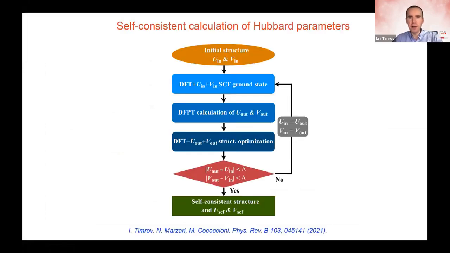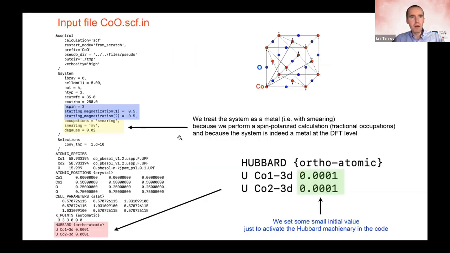This is from my lecture of this morning, so I don't want to repeat it again. This is just a reminder about the self-consistency cycle, how we compute U and V, and we'll try to apply it now for cobalt oxide. We know already the input file for cobalt oxide, so it's just a reminder from exercise 1. We need, first of all, to perform a ground state calculation using the PW code.